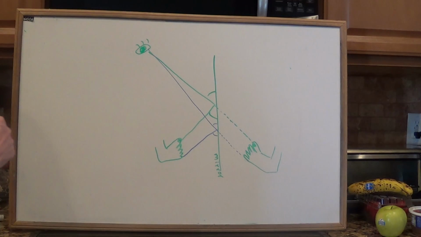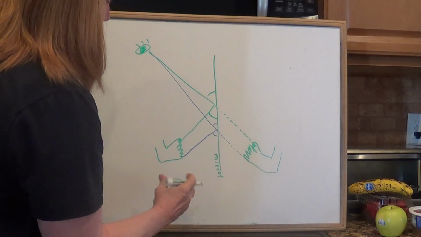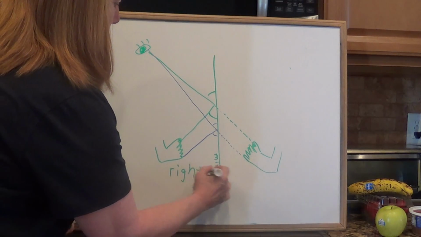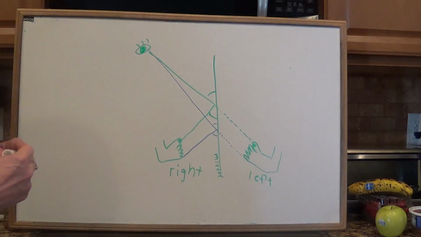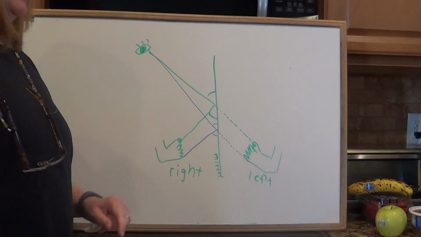Sorry about the drawing. So that is why things in the mirror look the same size, but they look opposite. This looks like a right foot, and this looks like a left foot. In class, we took a mirror and looked at our right foot, and it looked like a left foot in the mirror.